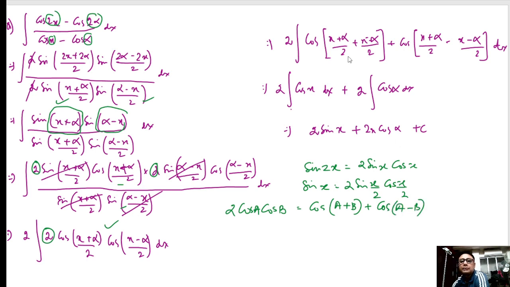So using this, from here only cos x, and from here only cos alpha remains. Integration of cos x is sin x. Cos alpha is a constant, it goes out. So 2 cos alpha, integration of dx will be x, because cos alpha is a constant term. We cannot integrate that.